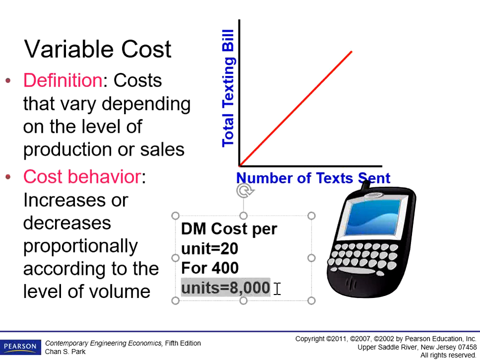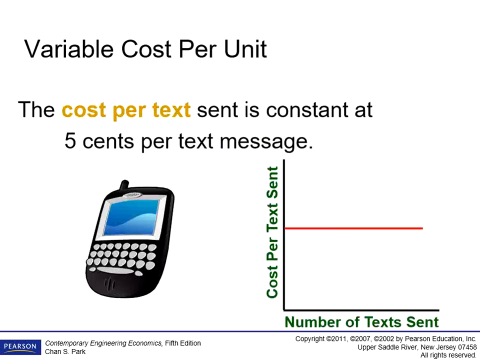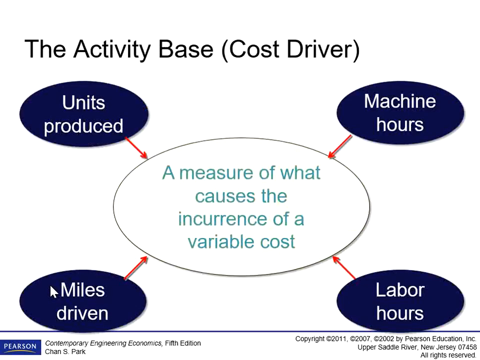For total, this is the total variable cost, 8000, which changes depending on the number of units, but the per unit cost remains the same. This is a very important concept. So this is what we call the variable cost per unit. Here it is the same. This is the example for text messaging. You can see it, so it's easy.